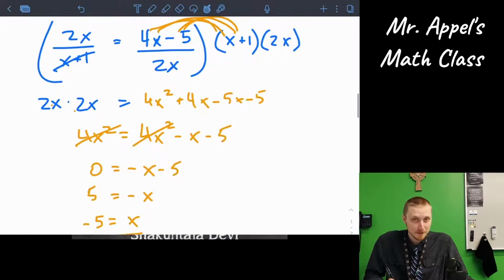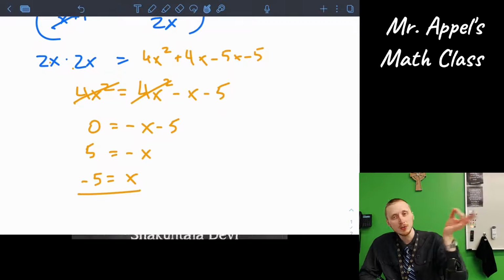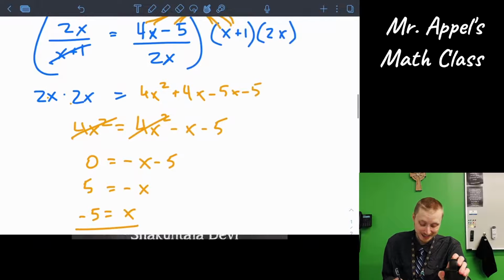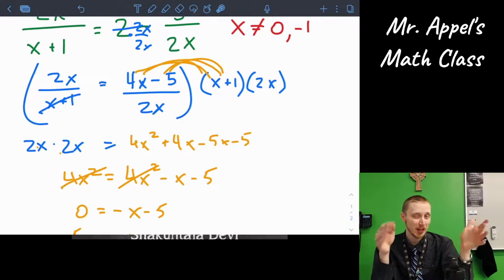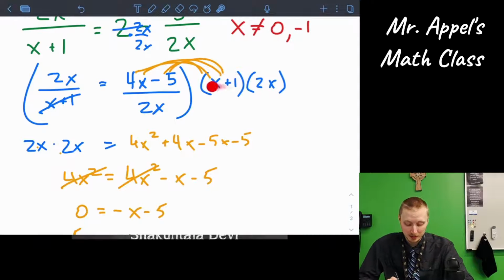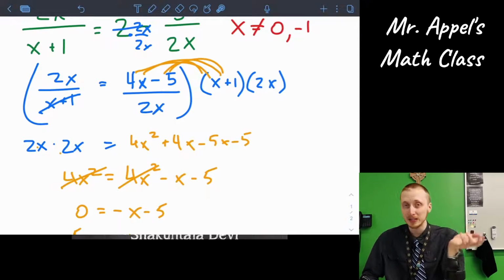Okay, negative 5 is not on our list, so it should work. Let's please double check. Make sure we didn't add anything in, because remember, I was multiplying stuff by x's. Whenever you multiply the equation by stuff that contains the variable, you have the potential of introducing new extraneous solutions.